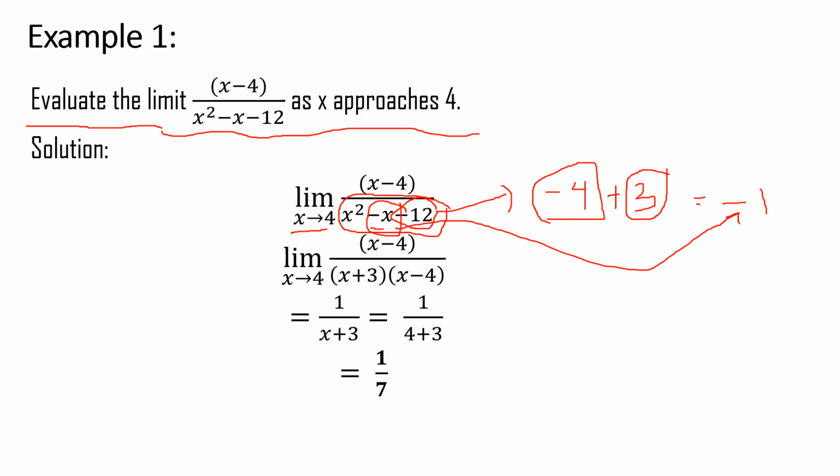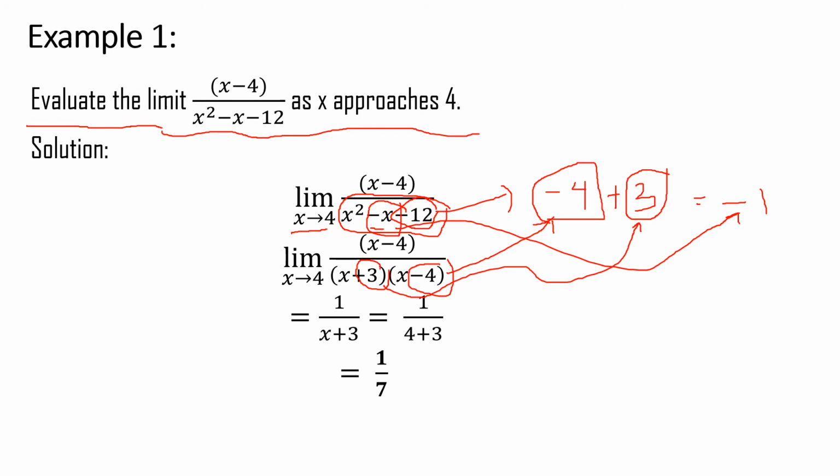So your positive 3 here is your positive 3 there, and your negative 4 here is from here. These are factors of negative 12 that can provide you a negative 1 once we add these two factors: negative 4 and positive 3.